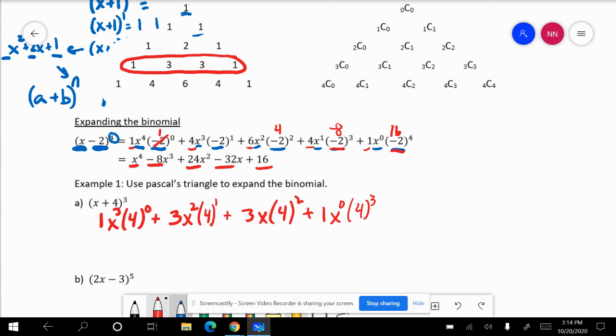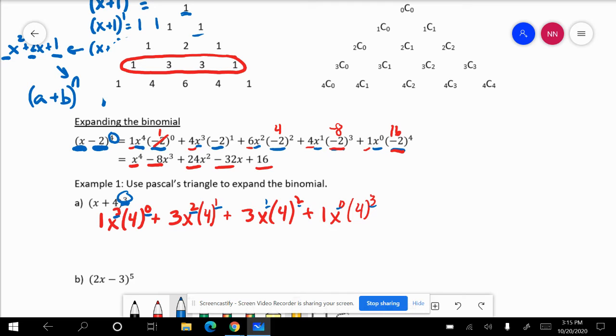Now, one interesting thing to notice is that these exponents always add up to what our n value is, or whatever our polynomial is raised to. 2 plus 1 is 3. 1 plus 2 is 3. 0 plus 3 is 3. So they all add up to 3.